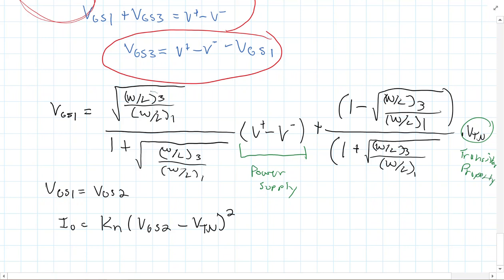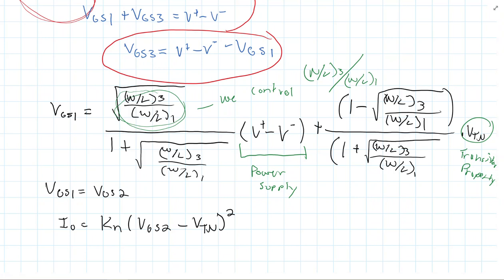And then what we basically get to control is W over L of the third divided by W over L of the first. And so that's how we're going to be able to determine precisely what we want as far as the currents go. When we go through an example, we'll see how we can simplify this and make things a little bit easier for us. Okay?